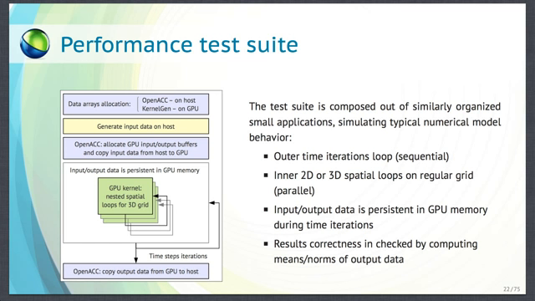What happens here is we have outer time iterations, which are not parallel, and inner spatial iterations, which are a stack of 2 or 3 nested loops iterating through each grid point in a regular compute grid.